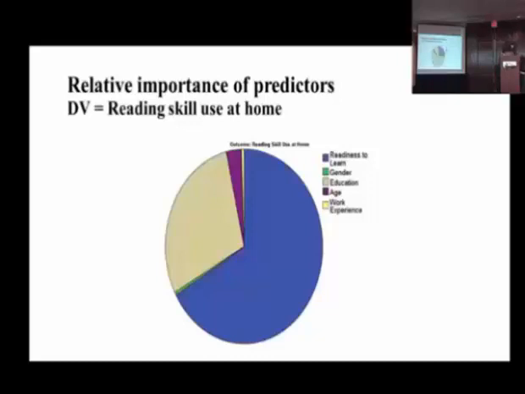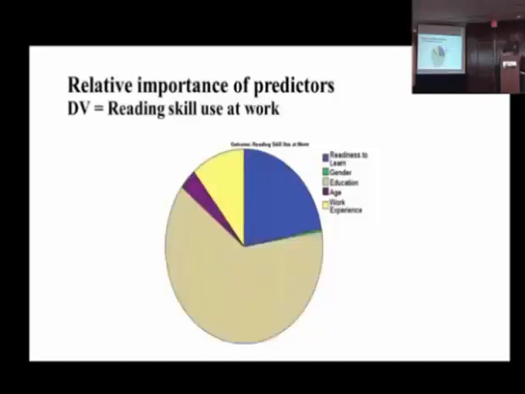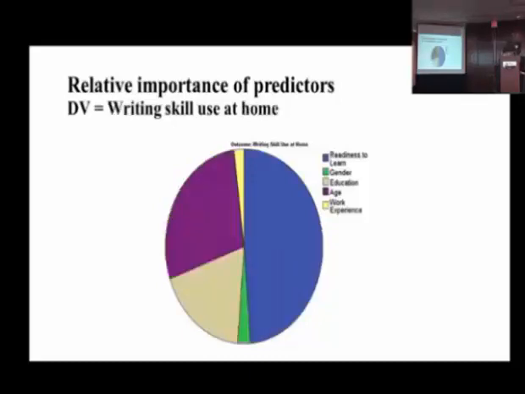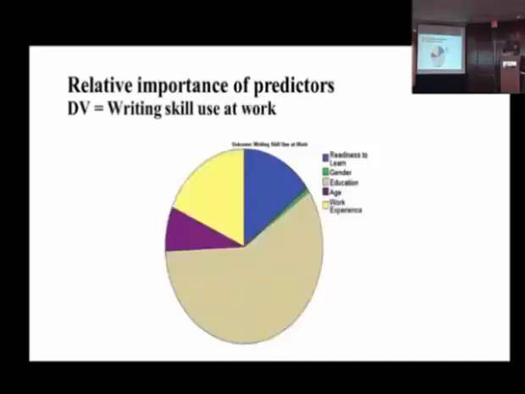But when we looked at reading skill use at work as opposed to at home, then readiness to learn becomes a much weaker predictor than education, although it's still important. And then similarly, writing skill use at home, readiness to learn very predominant, the strongest predictor, but then for writing skill use at work, the effect of readiness to learn lessens and education becomes more important.